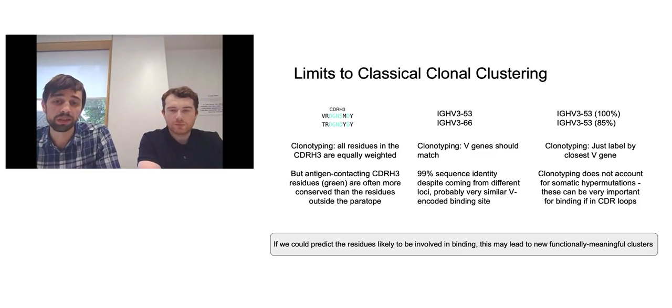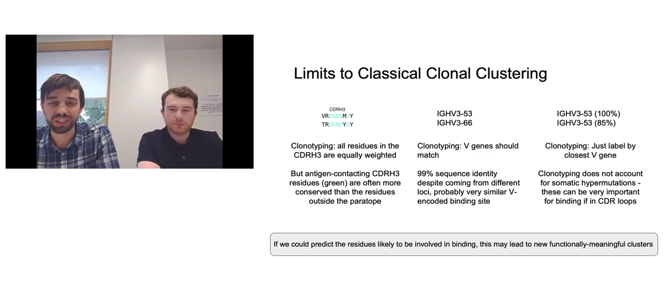Another thing with clonotyping is that the likely origin sequences must match for you to have two antibodies that likely bind to the same target in the same way. But you can see there are throughout IMGT technically different gene loci that have very, very high sequence identities and typically have very similar recognition genes.